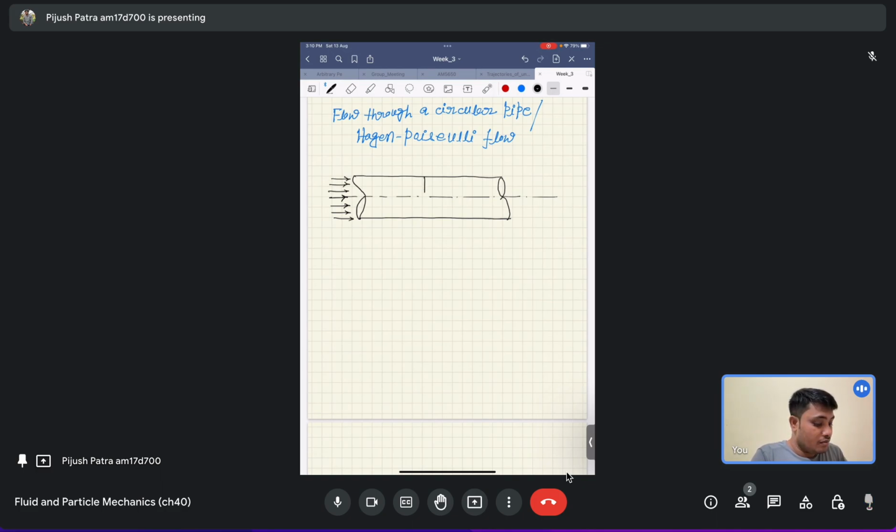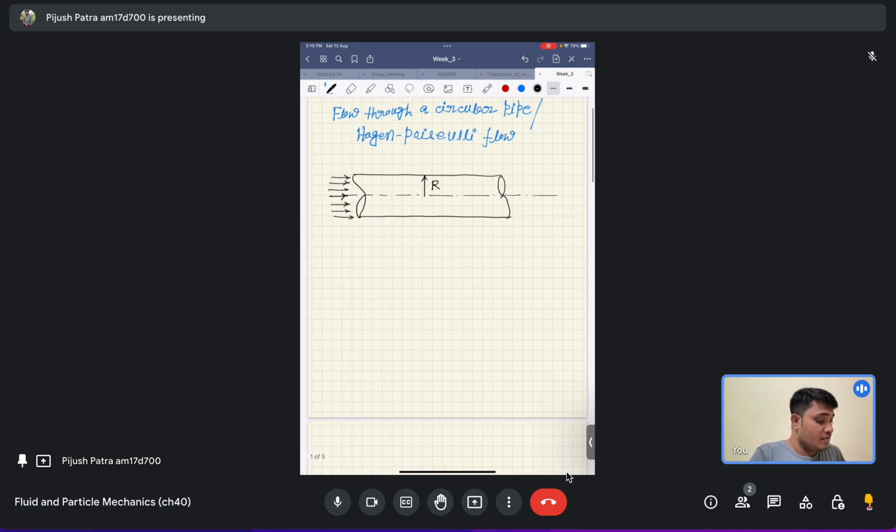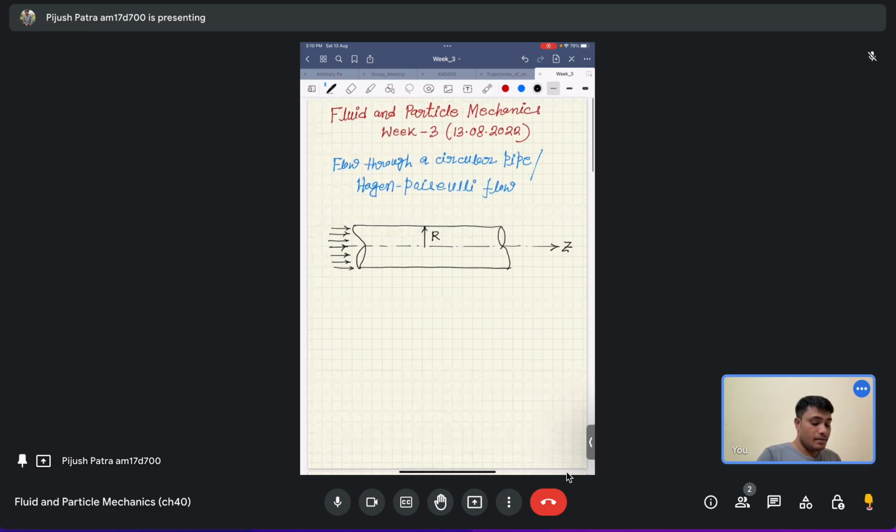I have the radius of the pipe as capital R, and this is my Z direction. I want to calculate the velocity profile, the fluid velocity within the pipe.